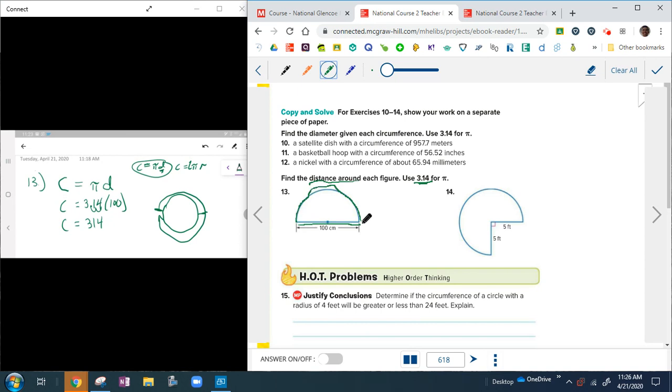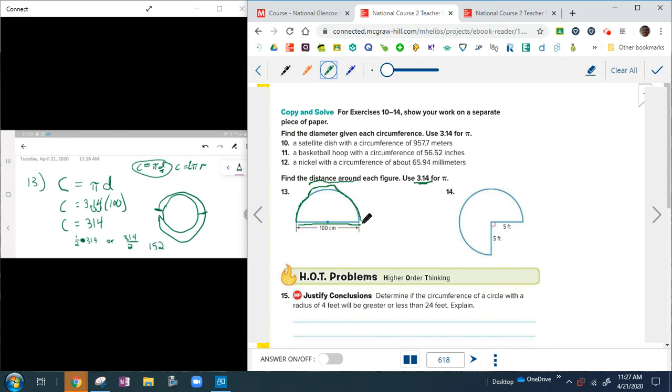So when we get down to this, we can either do 1/2 times 314, remember, multiplication is of, remember my whip when I punch my fist forward to show the multiplication sign for of, or we could just do 314 divided by 2, because that's how we cut things in half as well. And what we get when we do that is 157.